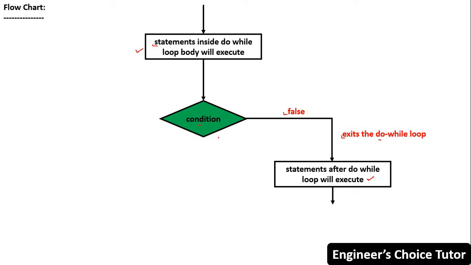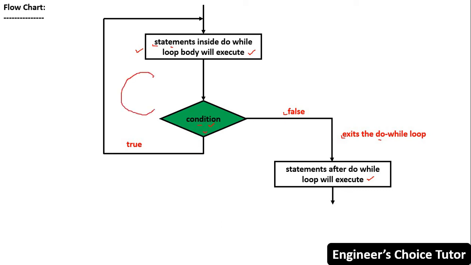What if the condition is true? Then the statements inside the loop body will execute and again the condition check will take place, right? So the statements inside the body will execute until the condition is true. This is a loop, right? I hope you are clear with the flow chart of the do-while loop also.